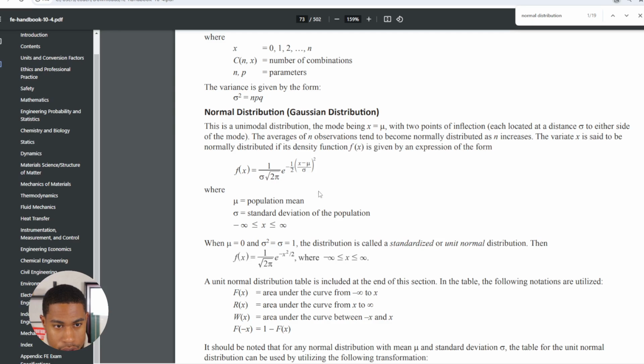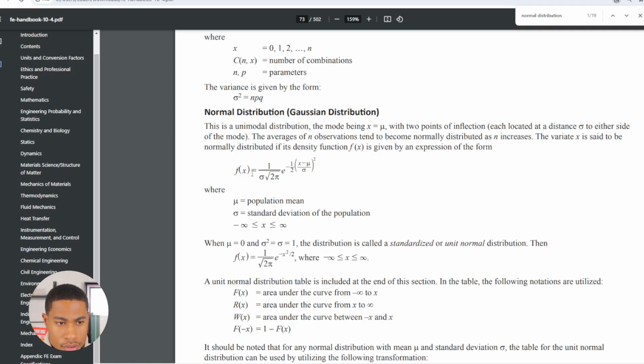But basically, this is just telling you that there is a function, which I wouldn't say is the most important thing, but there is data that is distributed by a function, and that function is f of x.